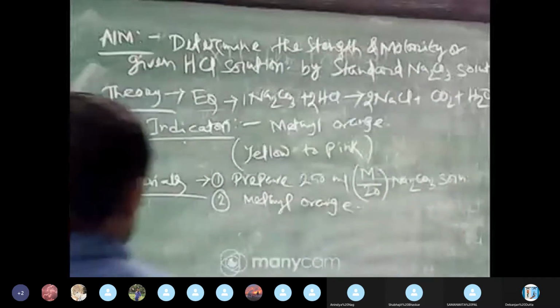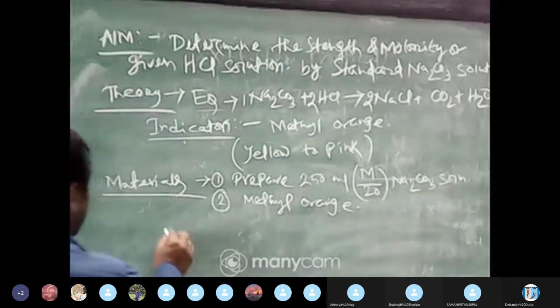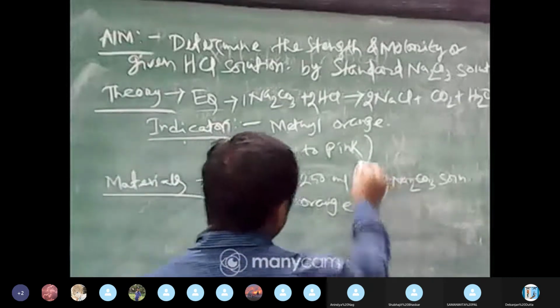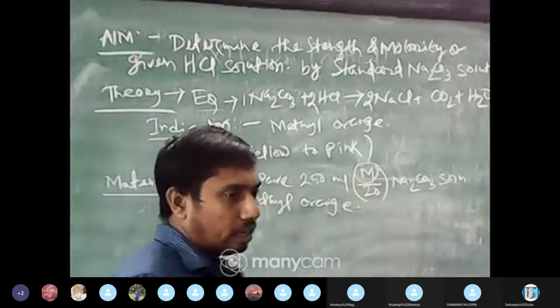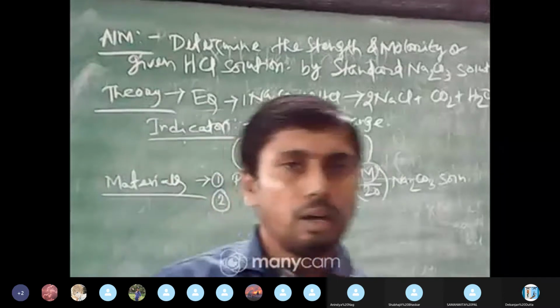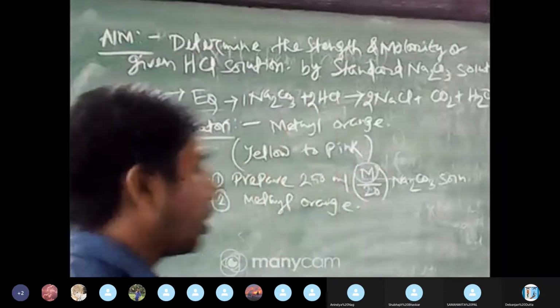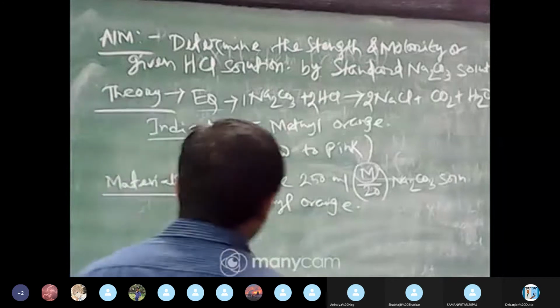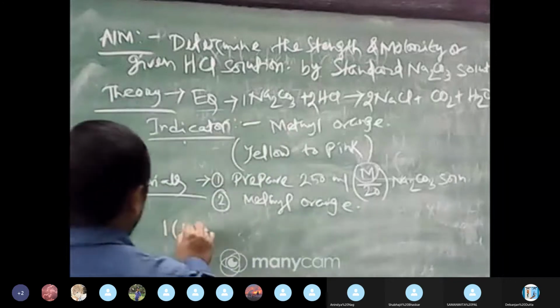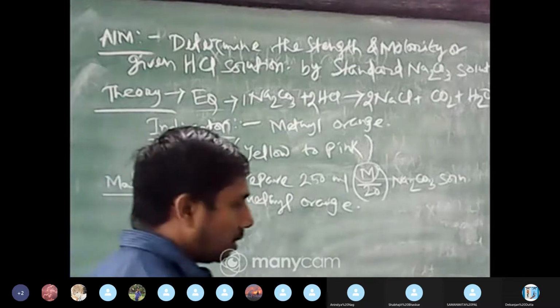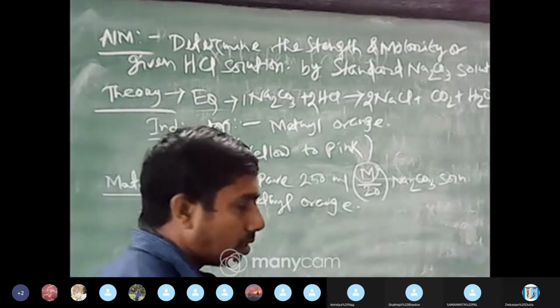So how to do it? We know that capital M means molarity. This is the strength of the solute in 1 liter of the solution. When 1 mole is dissolved in 1 liter of the solution, it is called 1 molar.